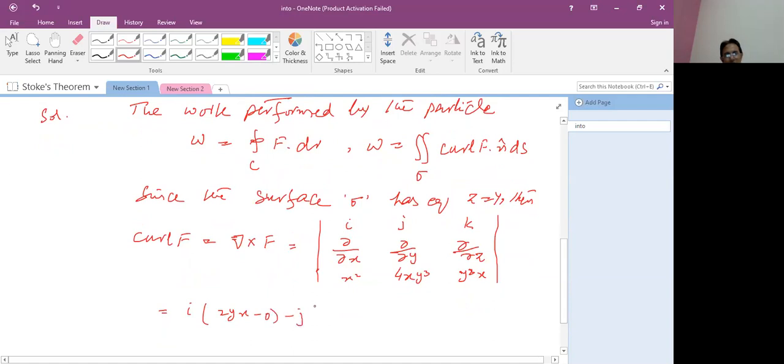Minus j: we skip the second column and first row. Then we find the partial derivative with respect to x, it means y squared, minus the partial derivative with respect to z, which is 0.